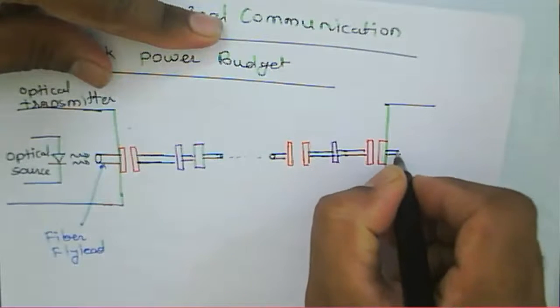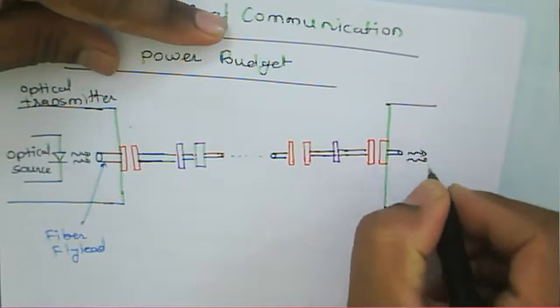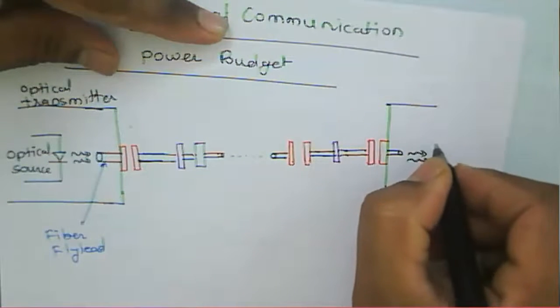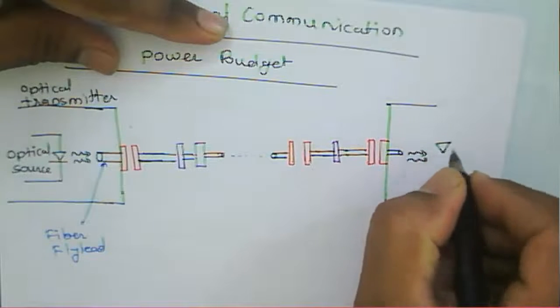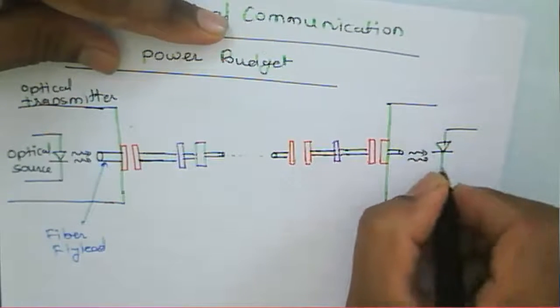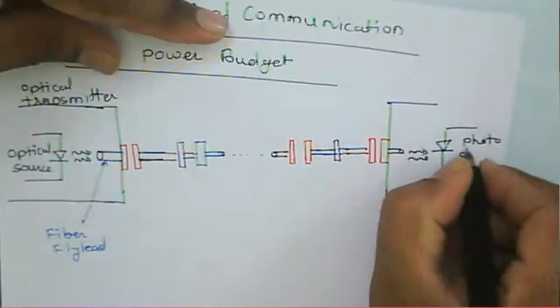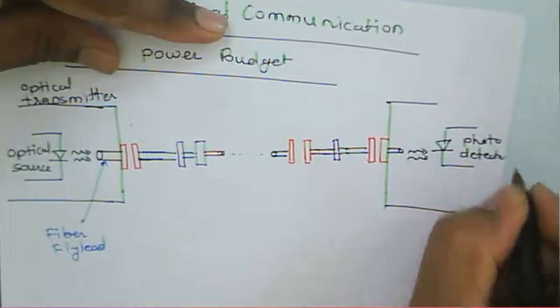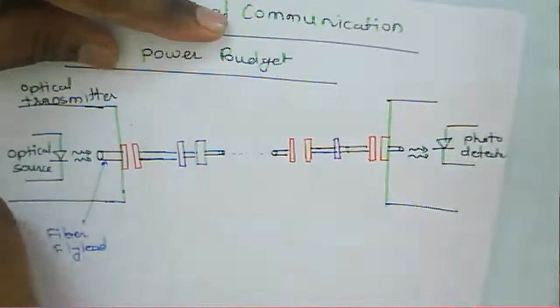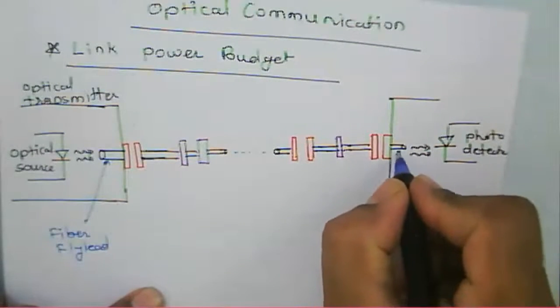So the light comes from this optical fiber, then it will fall on the detector. This is called a photodetector. This particular portion we say is a fly lead.